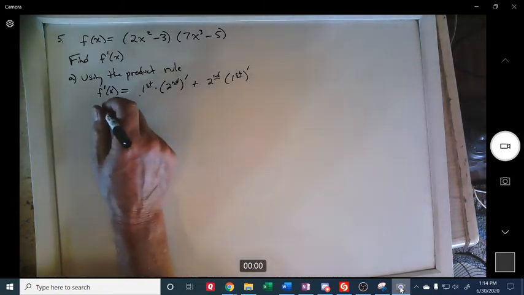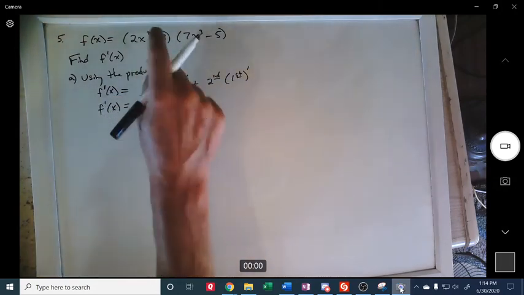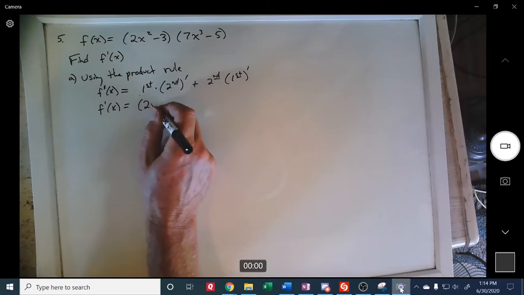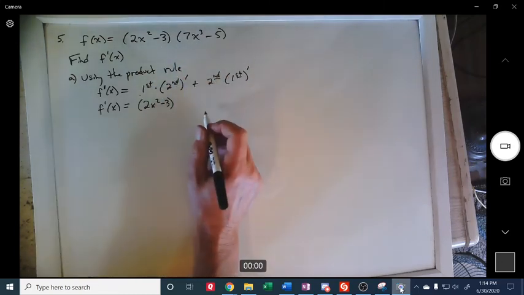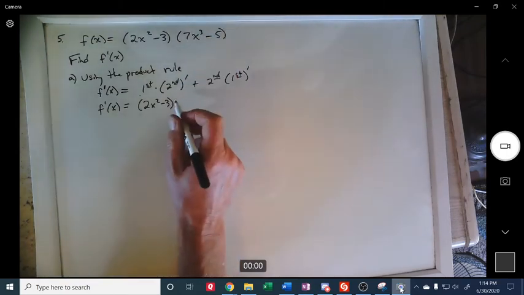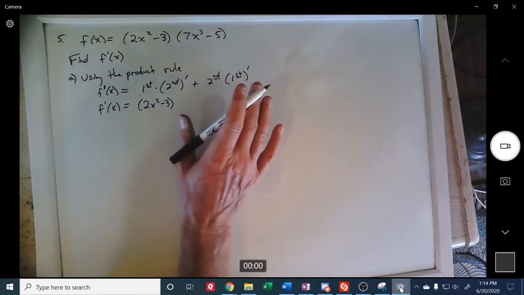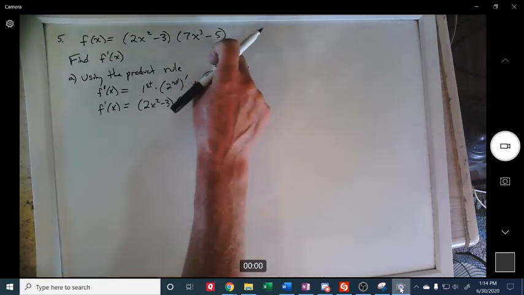Okay? So f prime of x, I look up here, it's going to be the first times the derivative of the second. Now, if this was a complicated thing, I'd write d dx of the second thing. But since it's not complicated, I can just take its derivative.